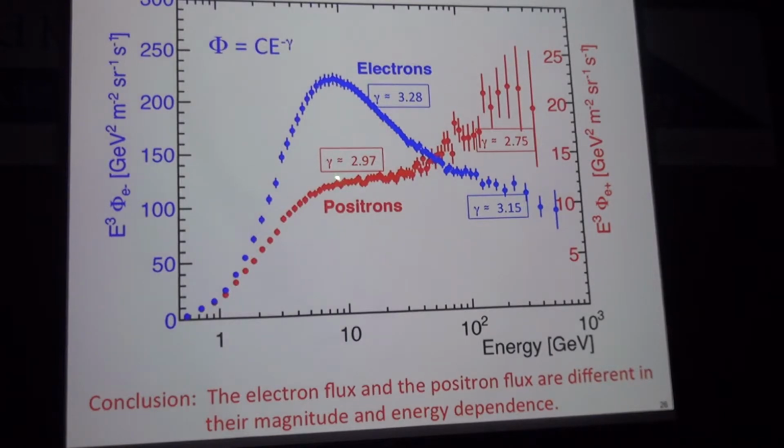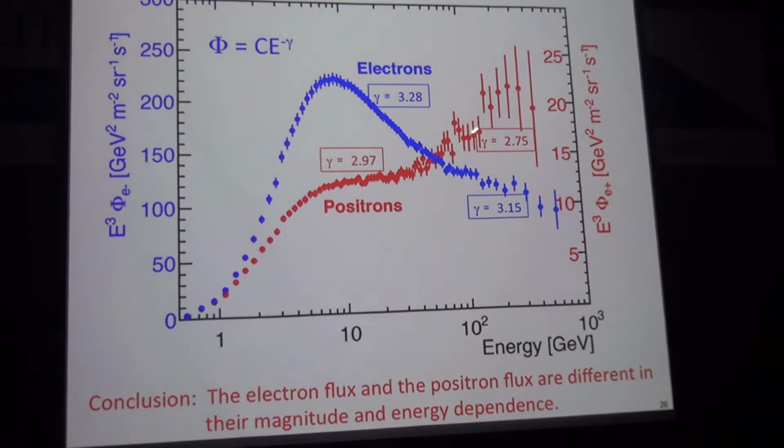We look at this break by modeling the spectrum with a power law, and in this region gamma is 3.28, 2.97 here, 2.75 here, 3.15 here. So it's indeed quite a different power law.